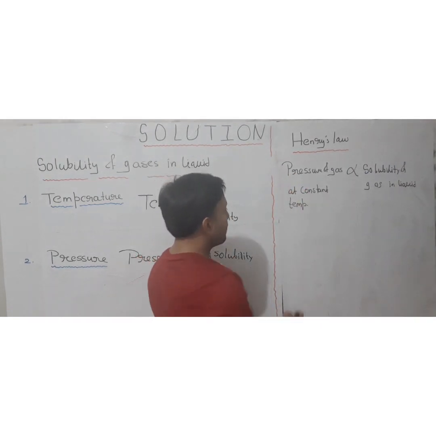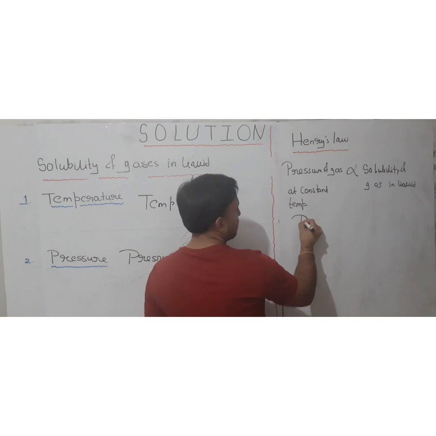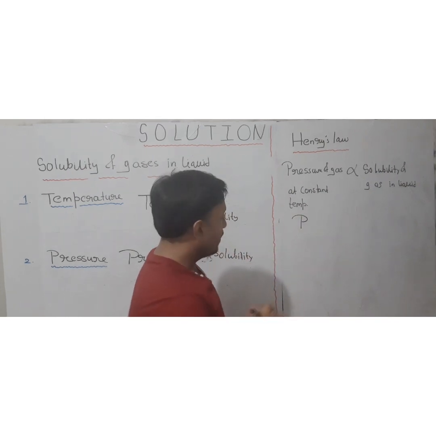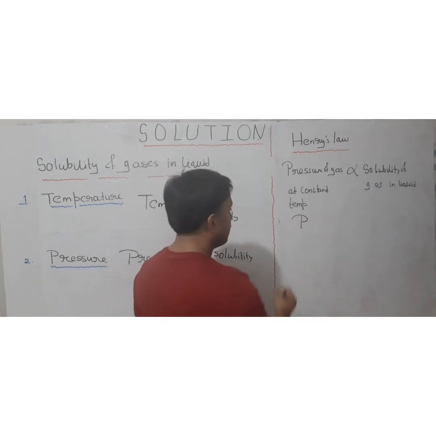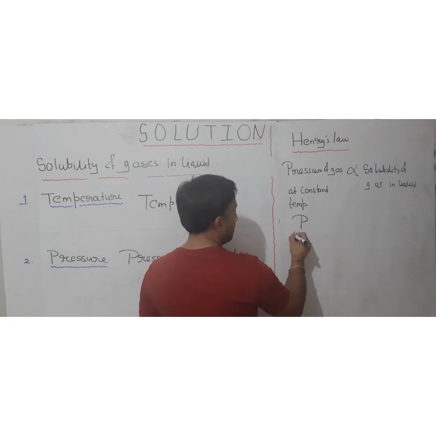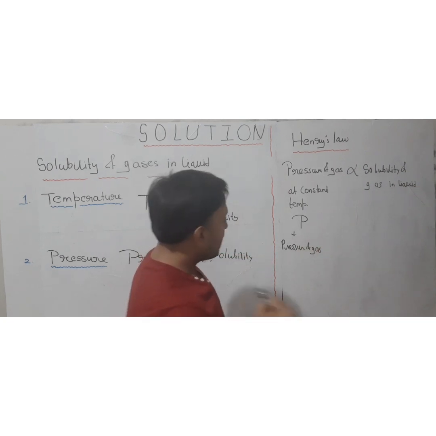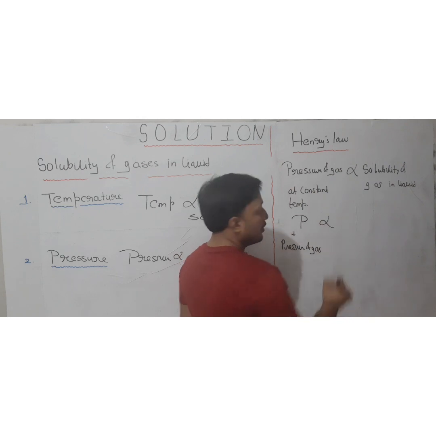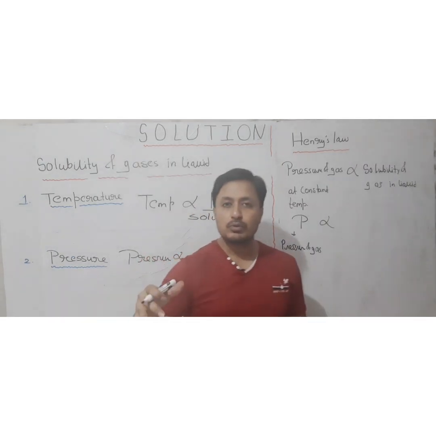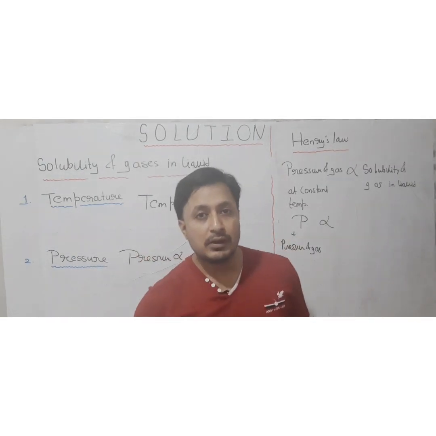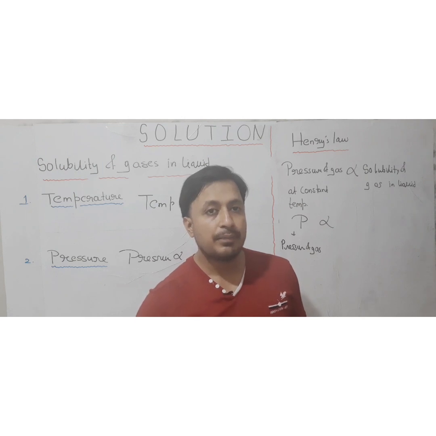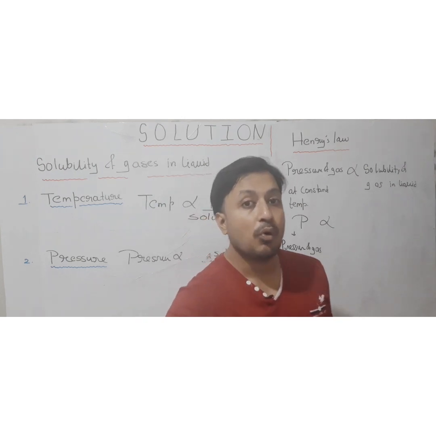Suppose we denote the pressure of any gas by P, that is, P is the pressure of the gas, or we can say the pressure applied on the gas. And when we say solubility, solubility means the amount of the solute present in a given amount of solvent. So here we are talking about the solubility in terms of its mole fraction.